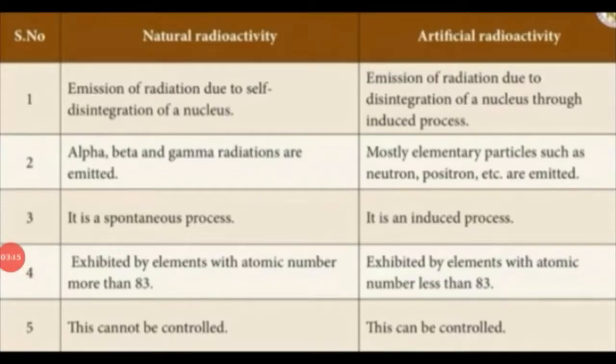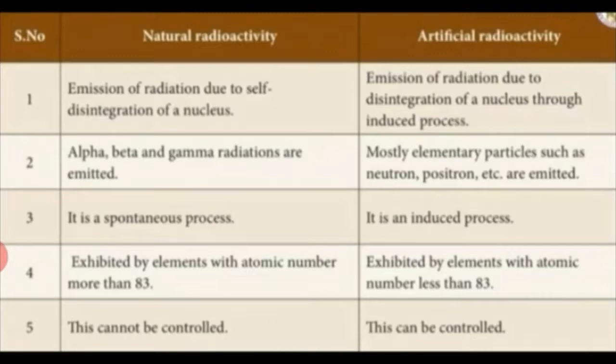Comparison between natural and artificial radioactivity. First point, in natural radioactivity, emission of radiation due to self-disintegration of a nucleus. For artificial radioactivity, emission of radiation due to disintegration of a nucleus through an induced process, that is a man-made process.